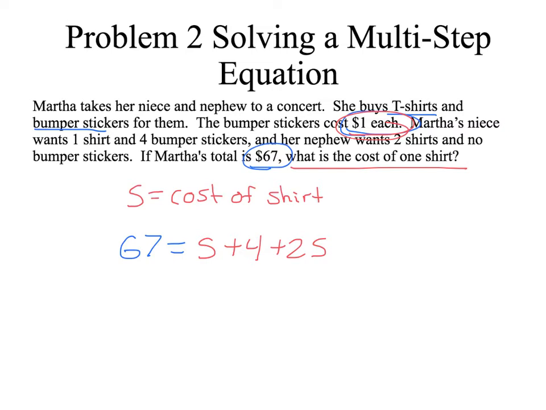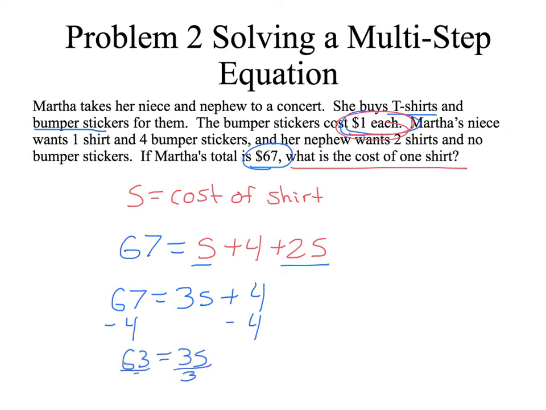Now, if we go through and we combine like terms, if we combine the S's, we have 67 equals, so altogether she's buying 3 shirts. 2 for the nephew and 1 for the niece. So 3 shirts plus $4 in bumper stickers. If we solve this for S, it'll tell us the cost of 1 shirt. So subtract 4 from both sides. We have 63 equals 3S.